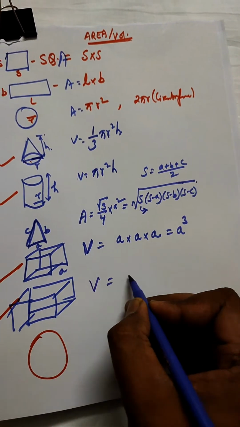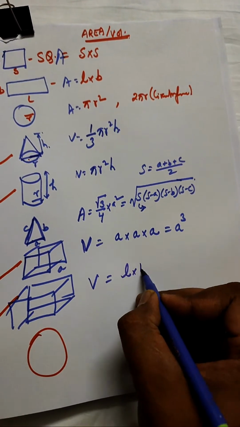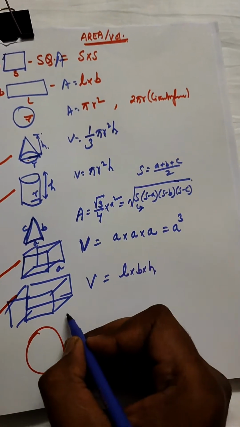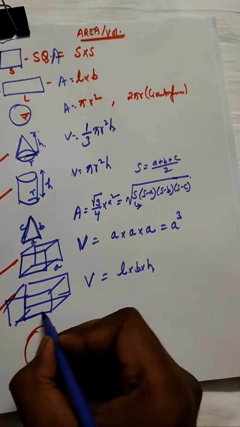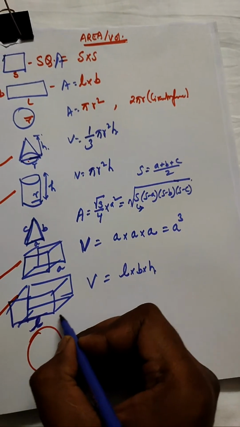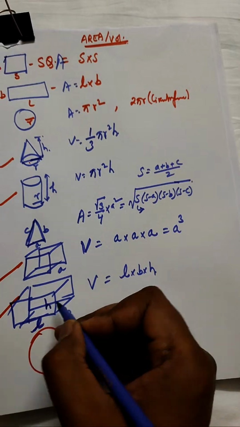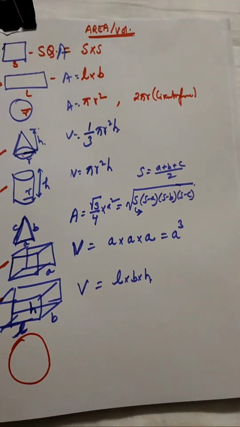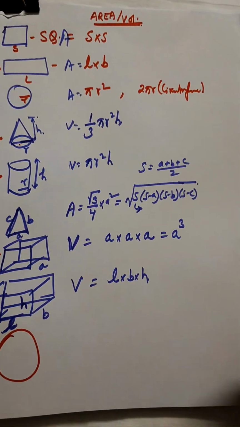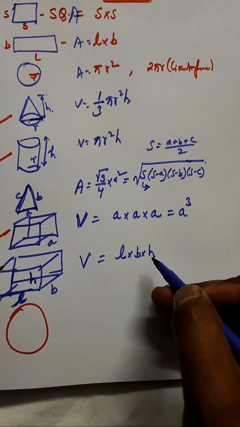Volume of a cuboid is L into B into H, because length is different, breadth is different, and height is also different. The measurements of the three different edges of a cuboid are separate, that is L, B and H, right?